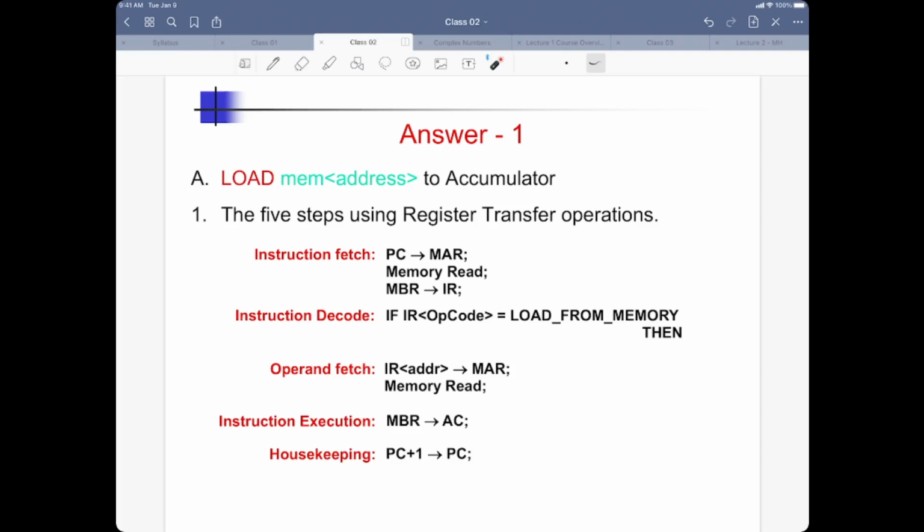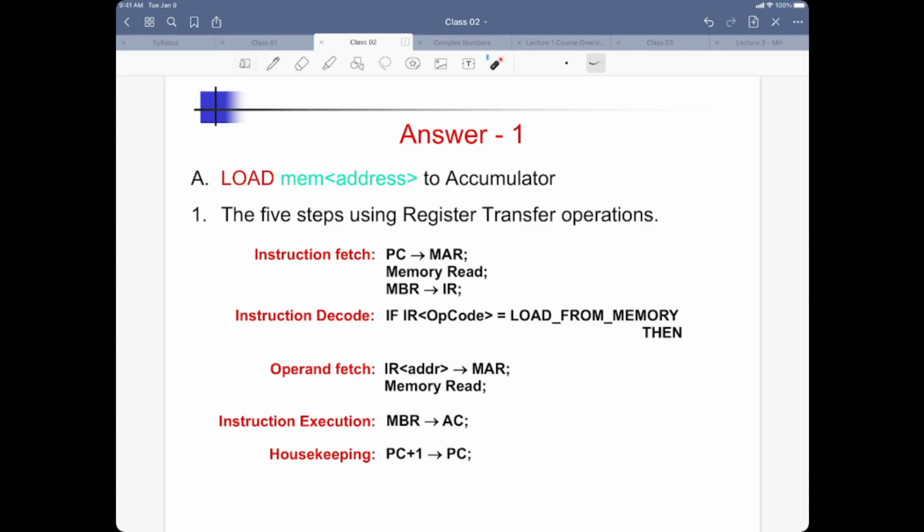You would probably first have to tell the memory the address where you want to put it, and then load the MBR. So it's just like switching those 2 steps. From memory is going to change to store to memory.